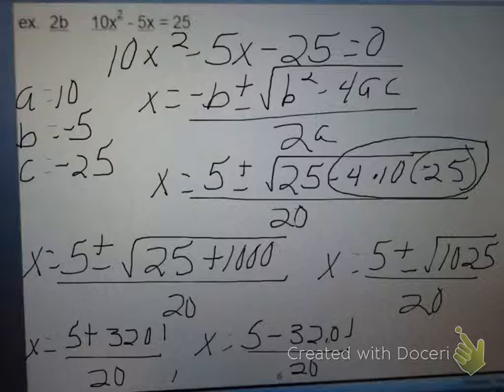And I get 1.9. And then 5 minus 32.01 equals, divided by 20. And I get negative 1.4.